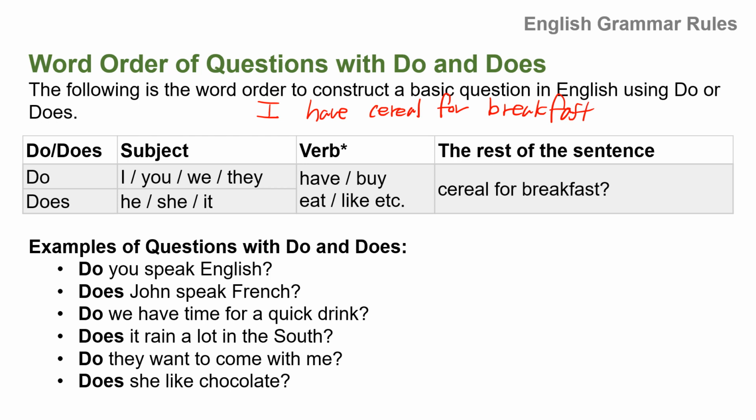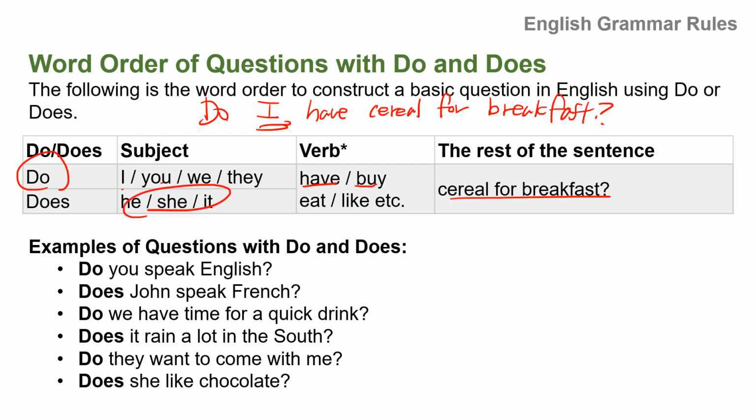This is an affirmative sentence. For I, we need to use do. Do I have cereal for breakfast? So here, do I, you, we, they have cereal for breakfast?